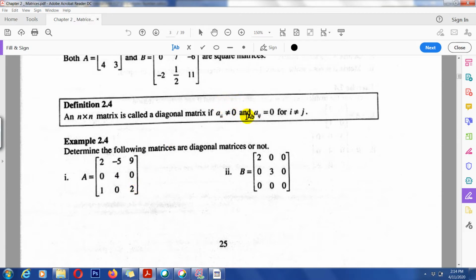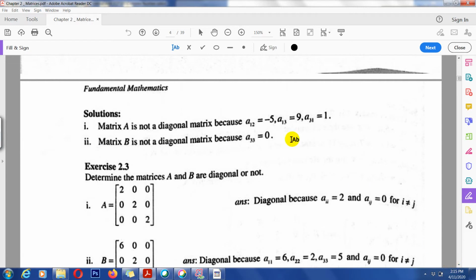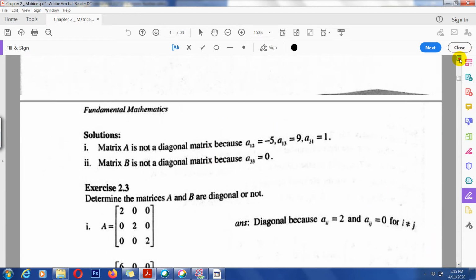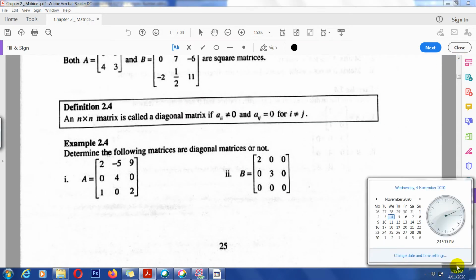Satisfy this, and a_ij is equal to 0 if i is not equal to j, so those elements should be 0. For example, here this is also not diagonal because A33 is equal to 0. This does not satisfy the definition. We just need to understand the definition of the diagonal, so it's easier to understand.